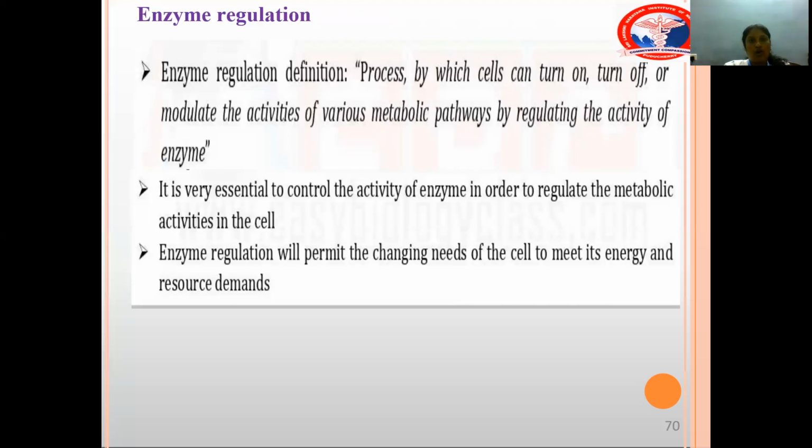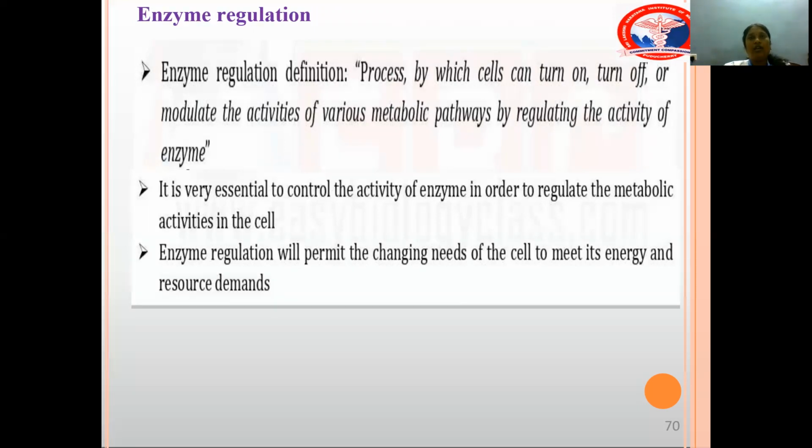Next, we'll move on to enzyme regulation. What is the definition of enzyme regulation? It is a process by which the cell can turn on, turn off or modulate the activity of various metabolic pathways by regulating the activity of enzymes. That is, we don't want the anabolic pathway and catabolic pathway occurring at the same time.